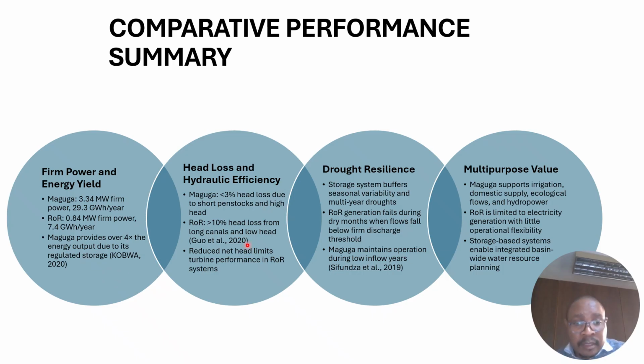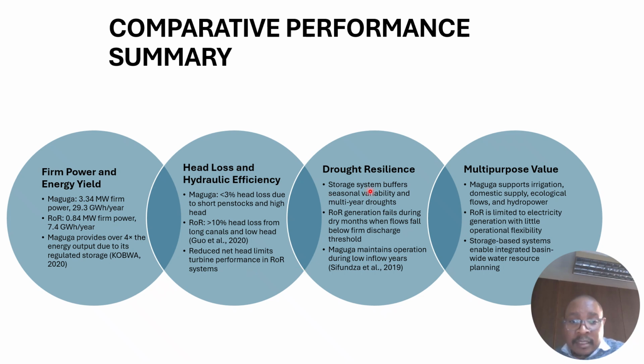Then if you look at the head losses and the hydraulic efficiency, the head loss is just under 3% due to the short penstock and high head, and then the run-of-river is over 10% head losses from the long canals, and the reduced net head limits turbine performance.